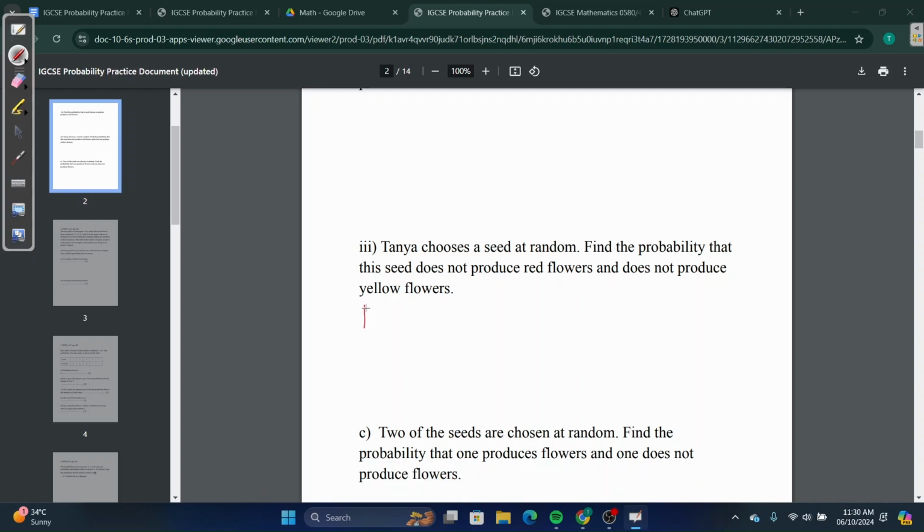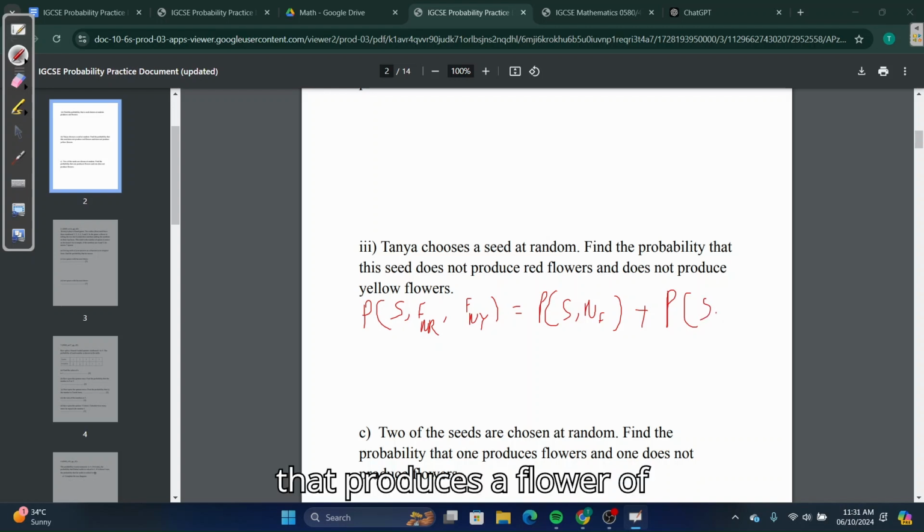So P of S, no flowers, plus the probability of a seed that produces a flower of another color, so FO.